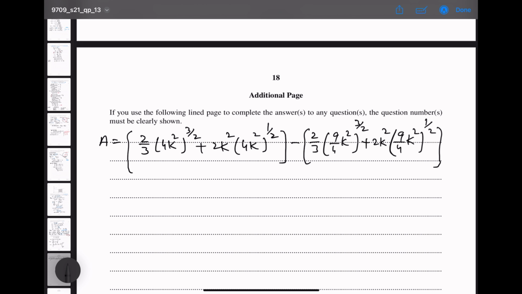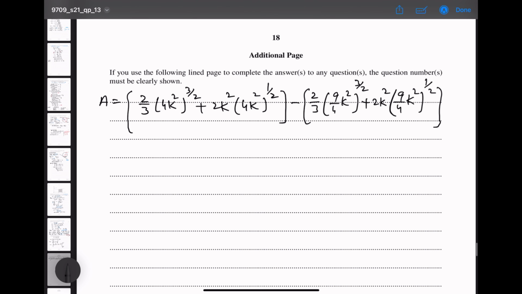Now we will simplify it. A is equal to 2 over 3, we can write 4k square as 2k whole square, whole power 3 over 2, plus 2k square times 2k square whole power 1 over 2. This is the upper limit.